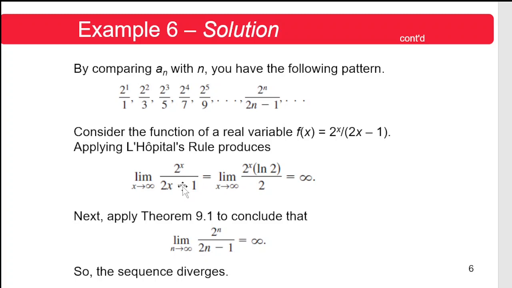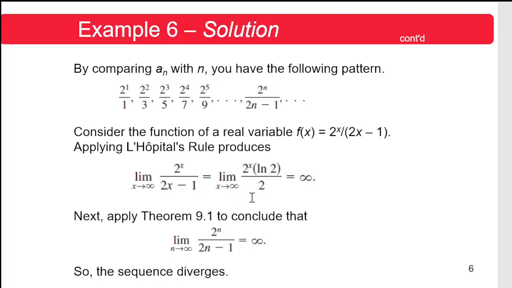If you can recall in Calculus 2, this type of limit is an indeterminate form. In this case, because the numerator and denominator are both infinity, we can apply L'Hopital's rule to evaluate the limit. So differentiating the numerator and the denominator separately, the derivative of 2 to the x is 2 to the x times the natural log of a, where a here is 2, all over the derivative of 2x minus 1, which is 2.